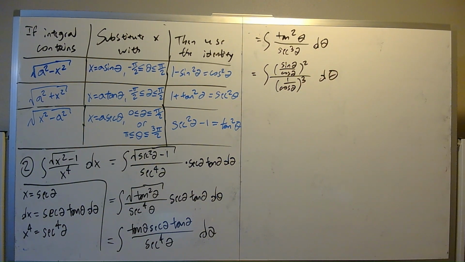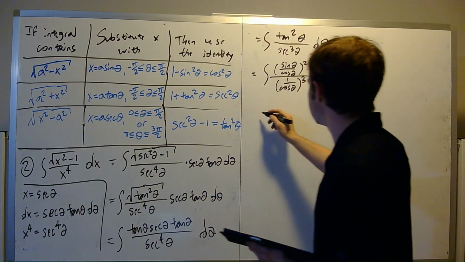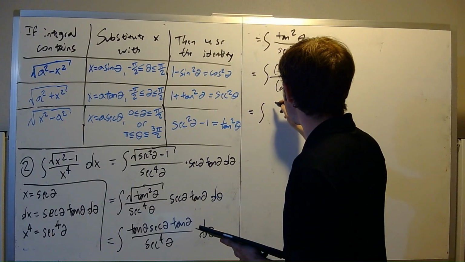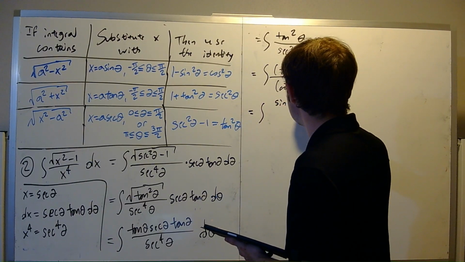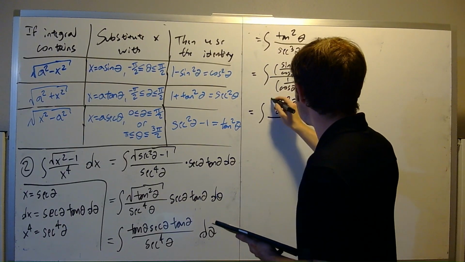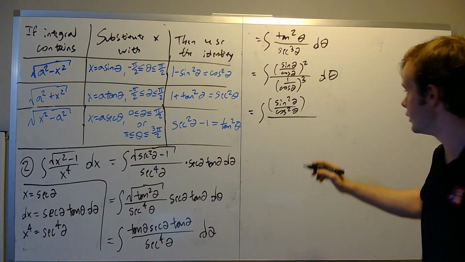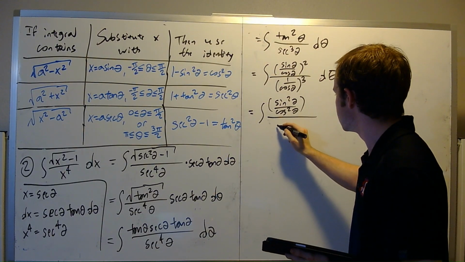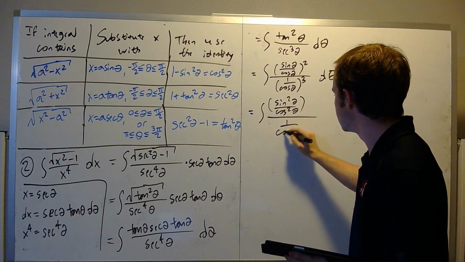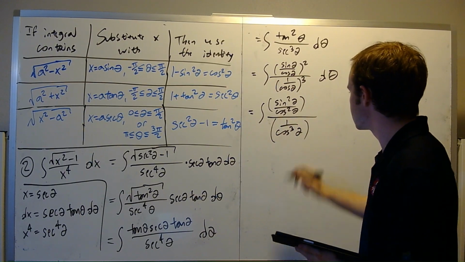Right, so I just replaced those, and now we can just multiply everything out. If you square the numerator, you're going to get sine squared theta over cosine squared theta. And then if you cube the denominator, you're going to get 1 over cosine cubed of theta d theta.